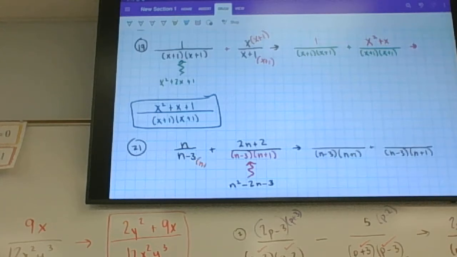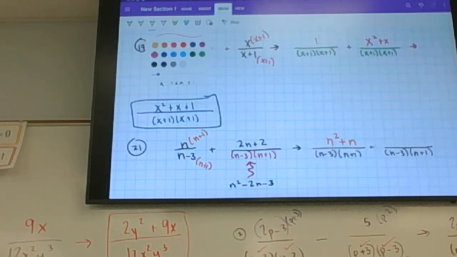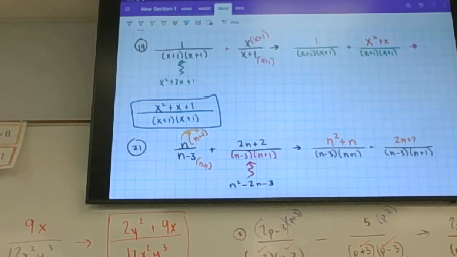I'm missing an n plus 1 in the first fraction, so I'll have to multiply it in. And that gets distributed, n squared plus 1n. In the second fraction, nothing will have to get multiplied in. Everything was originally there.